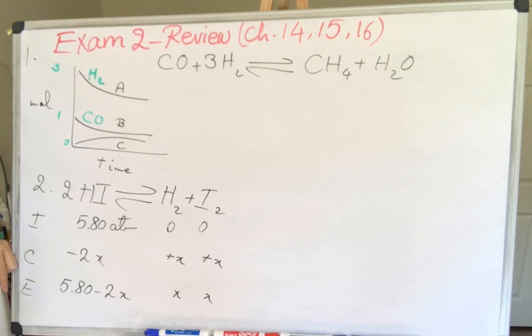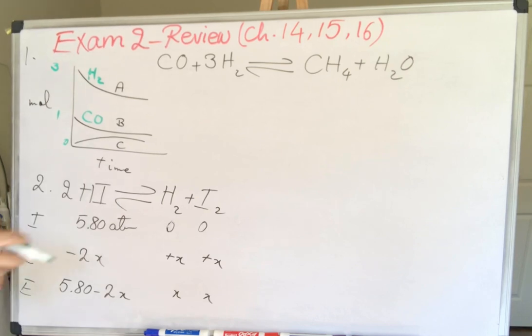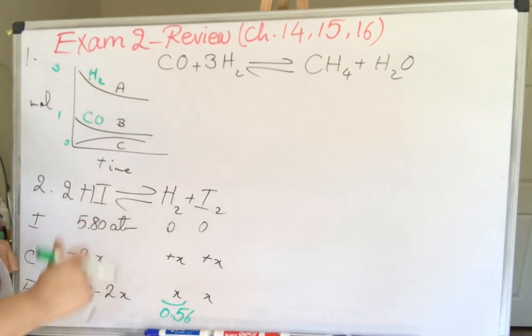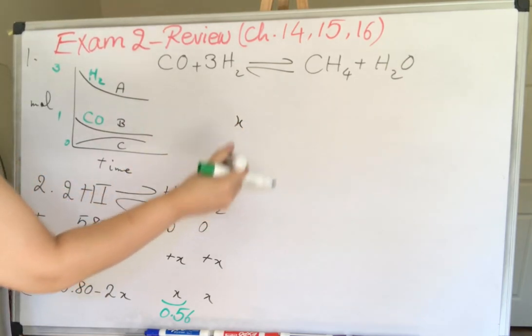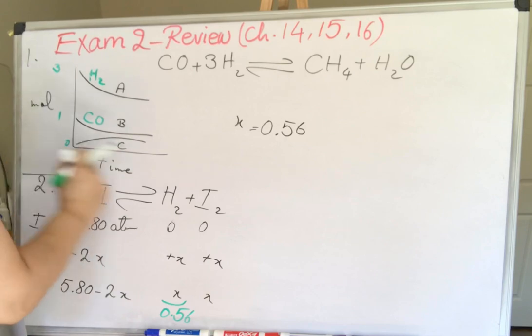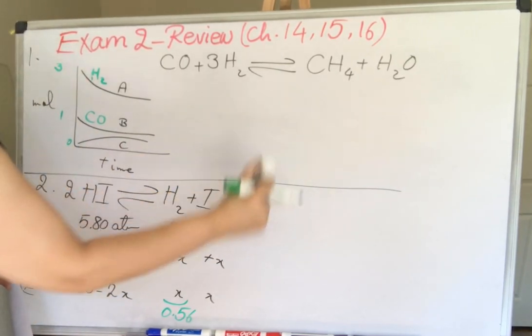The question is saying that the partial pressure of H2 is 0.56 atmosphere at equilibrium. So your x is 0.56. Write it here so it won't be confused.